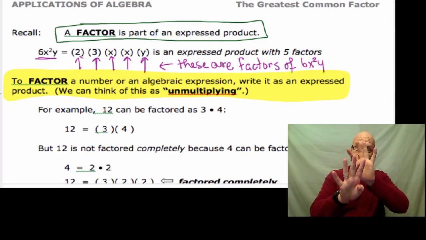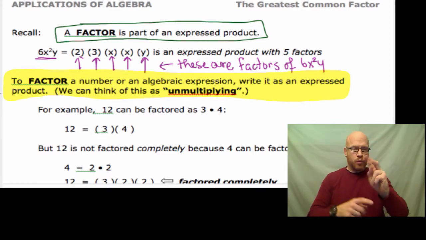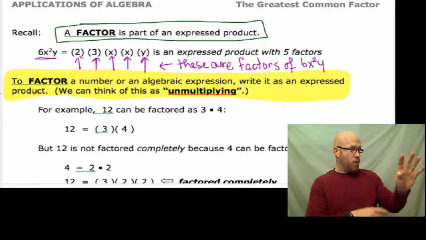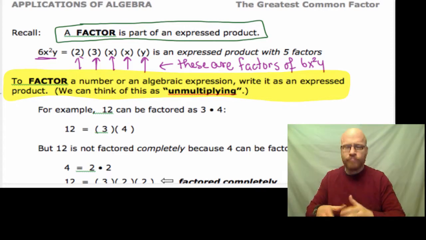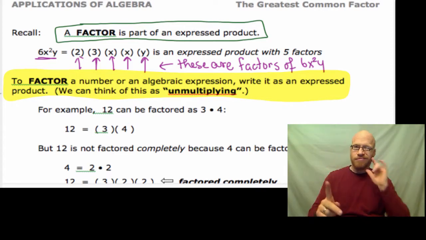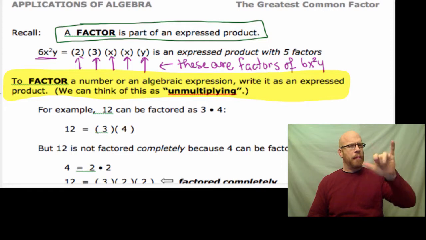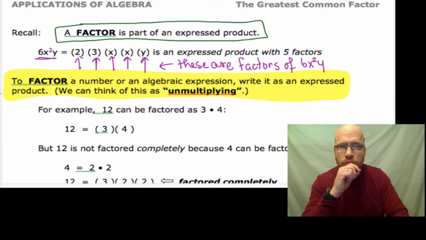But then 4 can be broken down 2 times 2. And 6 can be broken down to 2 times 3. So 24, as we factor it out to its lowest factors, is 2 times 2 times 2 times 3. Now, we're going to unmultiply. Unmultiplying, you would say.